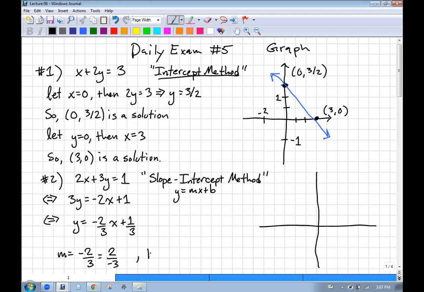Okay, my b here is 1/3. So just looking at this information, which we get straight from that, I could see that if x is 0, y is 1/3. So I'm going to make each tick mark worth a third. This is (0, 1/3). This up here would be 1. This is a third.